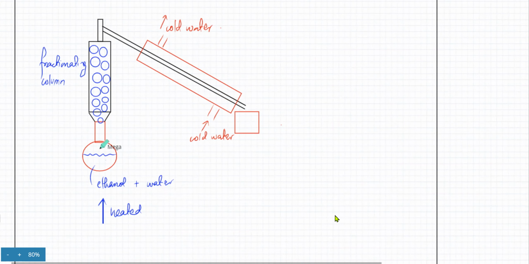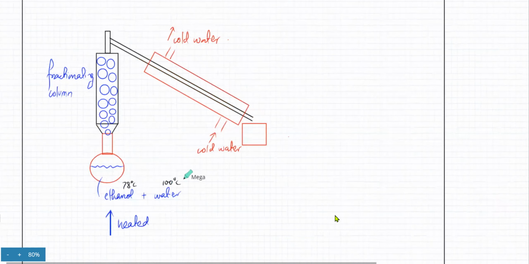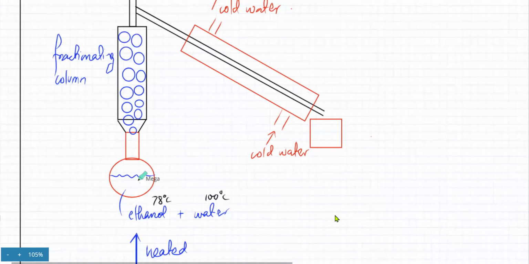Ethanol. Okay, so it's going to be ethanol at 78 degrees centigrade, and water at 100 degrees centigrade. So ethanol would start to boil or evaporate, and you would start seeing, let's say, these green particles. These are your ethanol molecules that have gained energy, and they've turned into gas, and they are now traveling upwards.